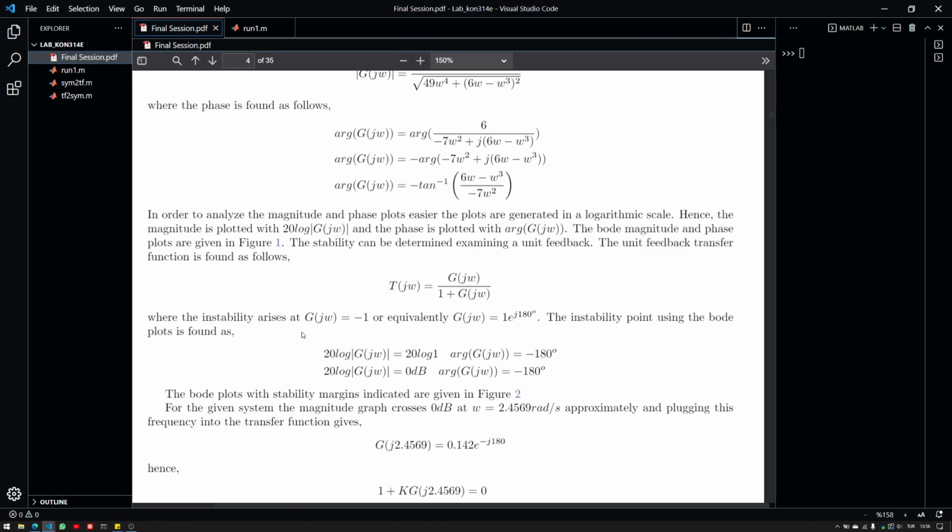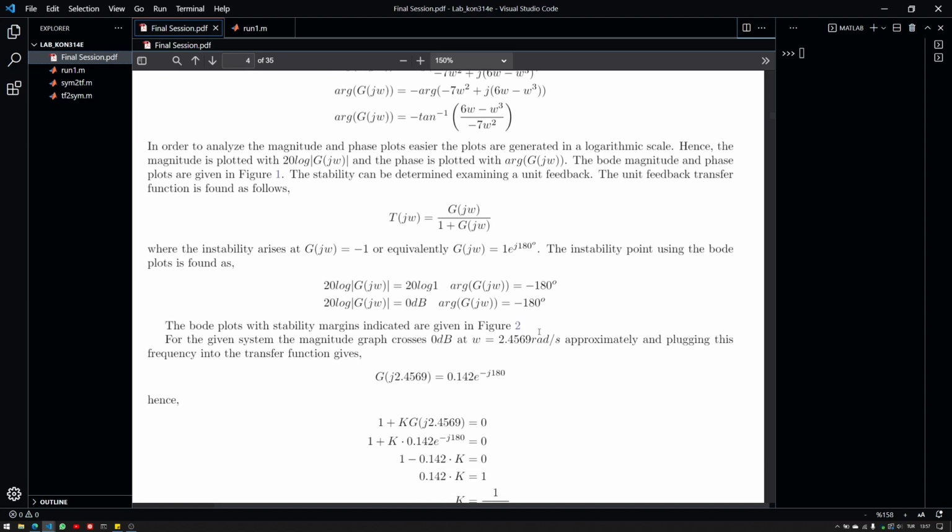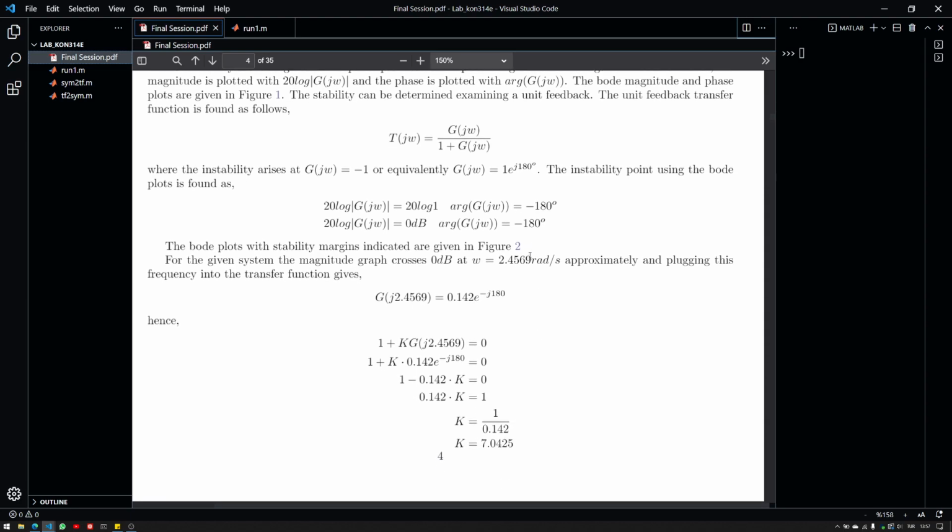Now here's also the investigation of the point of instability. If we have a unit feedback, if k is equal to 1, then the system itself should be minus 1 in order to get instability. So from there we can see 0 decibels, or the gain 1, is what we look for, and then negative 180 degrees is what we need here.